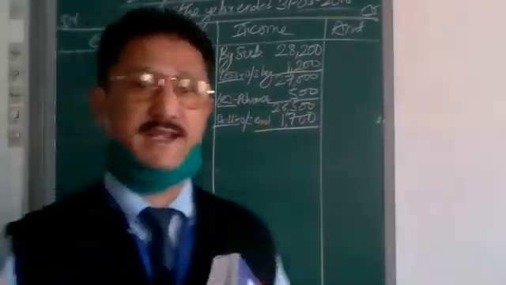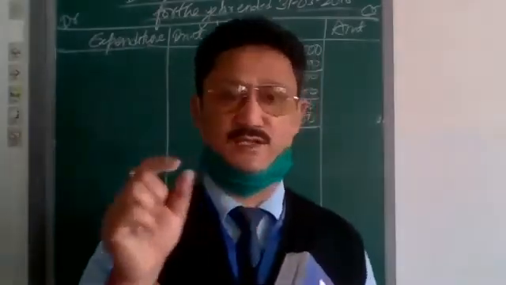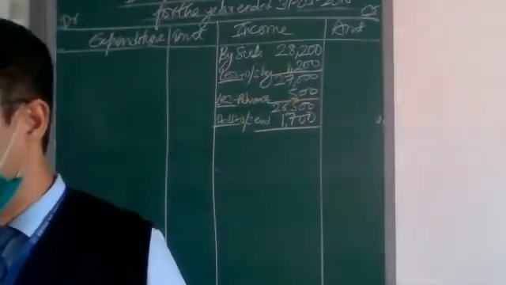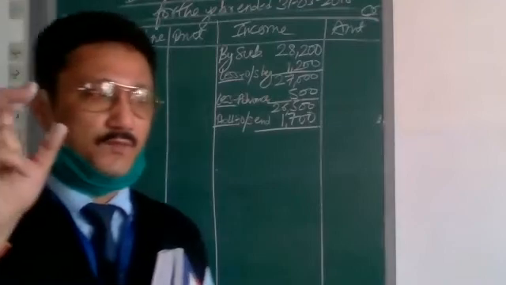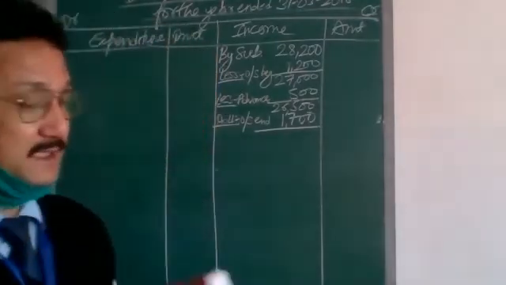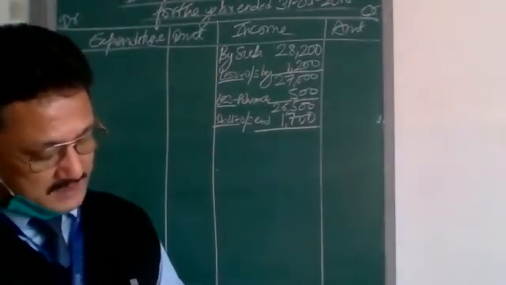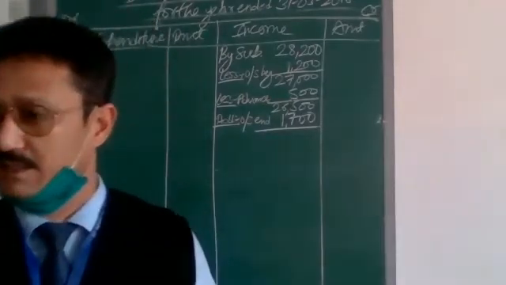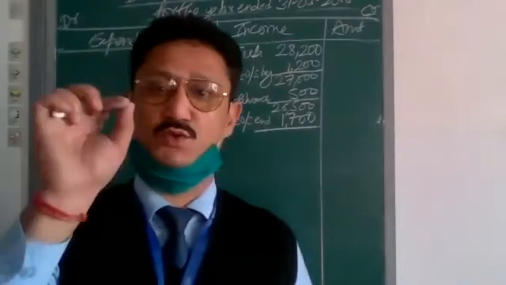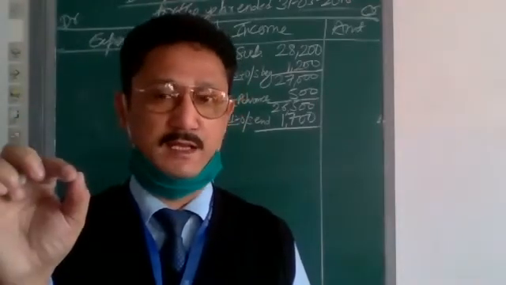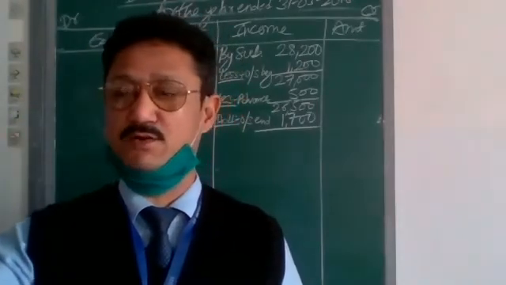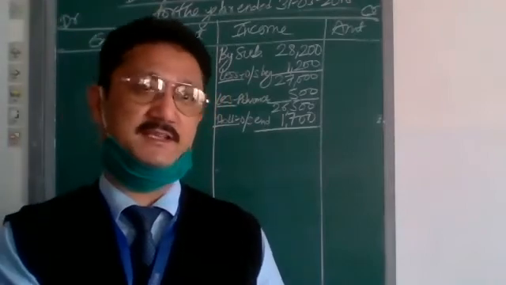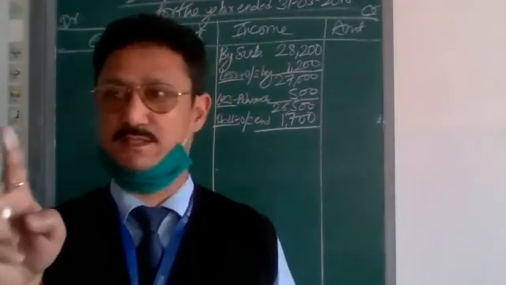The 1700 outstanding subscription of the current year is not given separately in the question. The previous year subscription was 2000 outstanding, and in the receipt and payment account 1200 is received out of 2000.